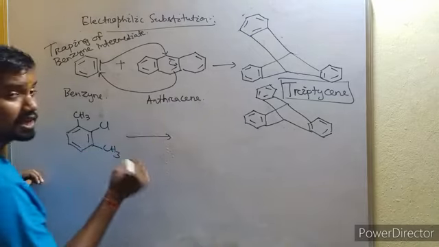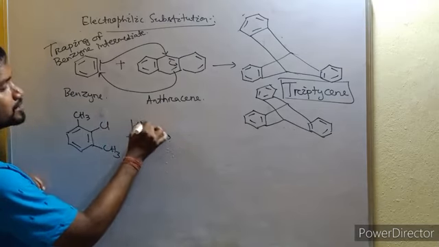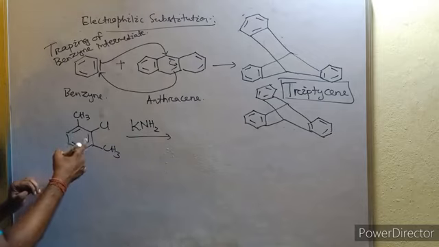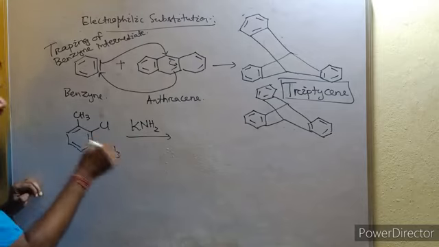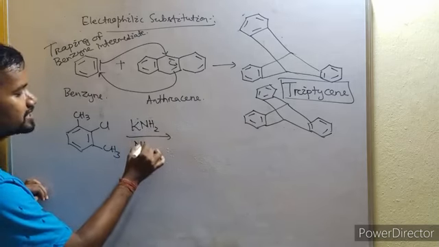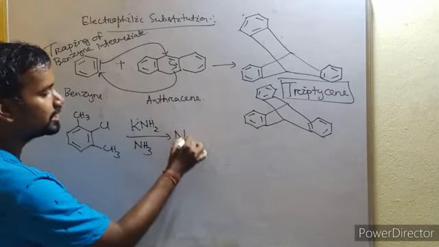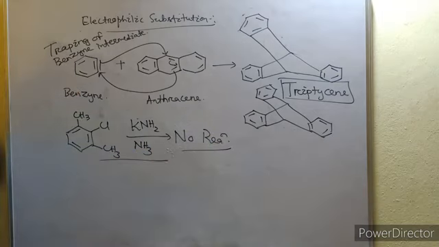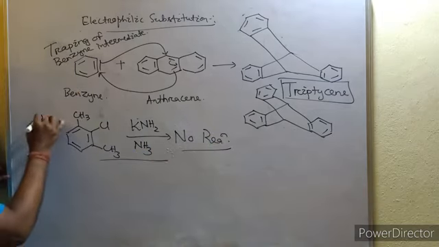In this case if you give KNH2, you will be thinking that it will form a benzyne here or here. But it will never form a benzyne, so it will give no reaction. Clear? This is the exception.